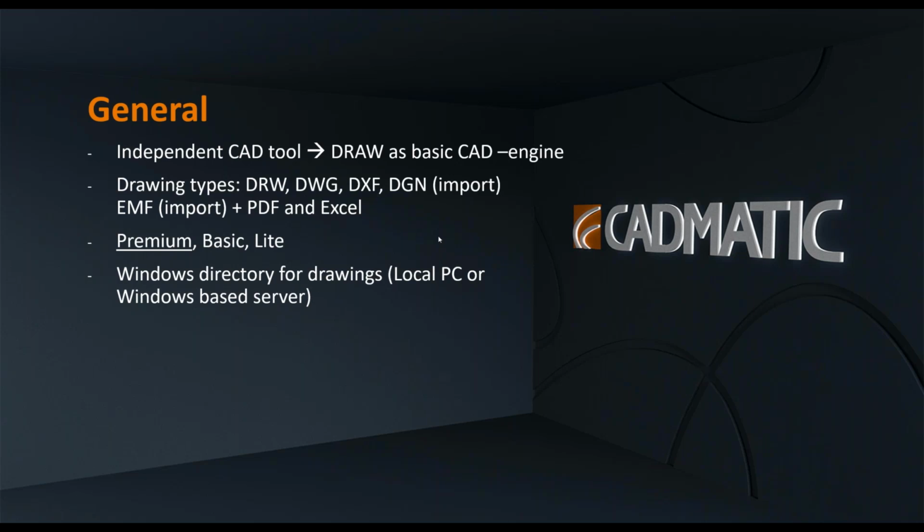We will look at this database quite a lot today from different points of view. Today's presentation is mainly about the Premium version. Many of those functionalities, of course, work in Basic and also in Light, but still today I'm going through the Premium version that we have.